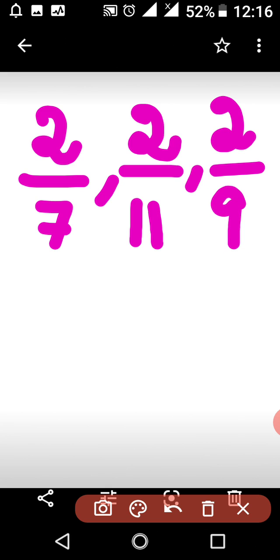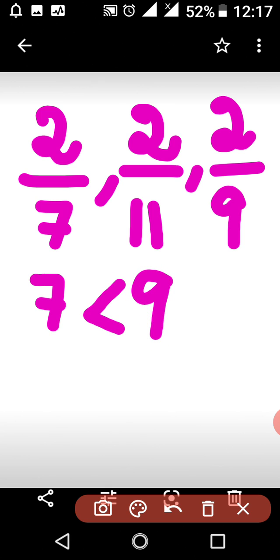Here the numerators of the given fractions are the same, but the denominators are different. So now we will compare the denominators. What are the denominators given here? 7, 11 and 9. Among these three denominators, 7 is the smallest one, the next is 9, and the next is 11.